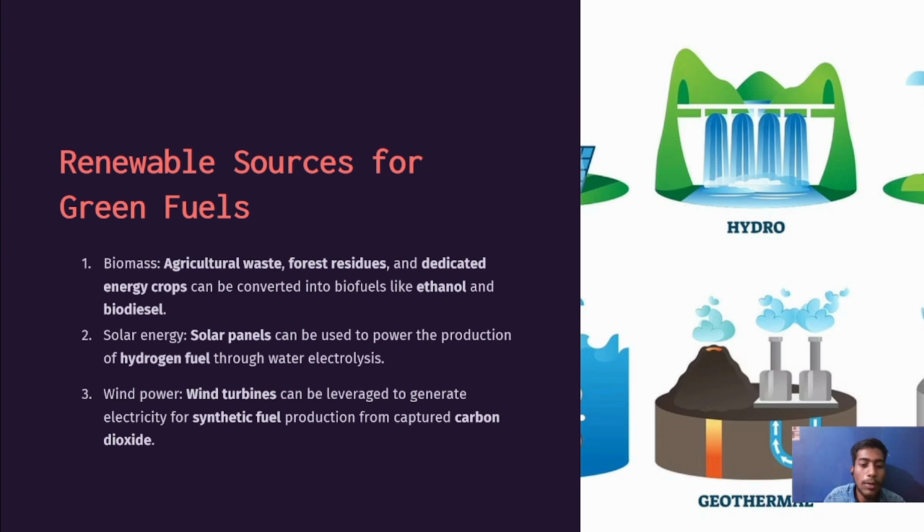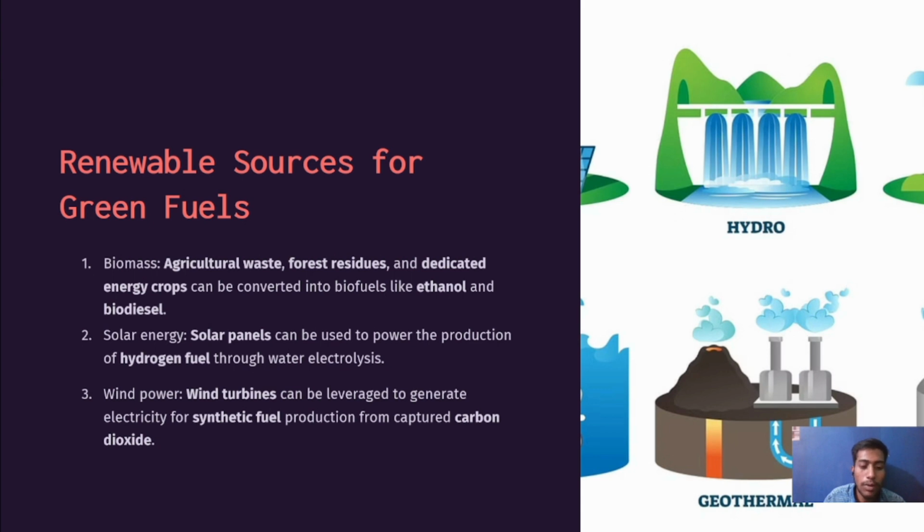So next one is renewable sources for green fuels. First one is biomass. Agricultural waste, forest residues, and dedicated energy crops can be converted into biofuels like ethanol and biodiesel. Next is solar energy. Solar panels can be used to power the production of hydrogen fuel through water electrolysis.